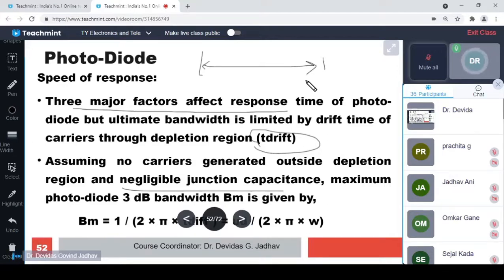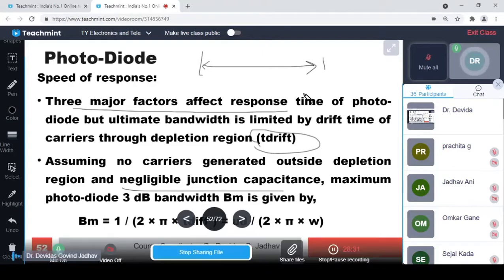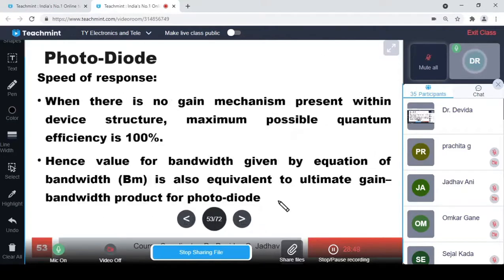So BM, the photodiode 3 dB bandwidth, is mainly dependent on T drift, and it is given as BM equal to 1 upon 2 pi T drift, equal to Vd upon 2 pi W. When there is no gain mechanism, the gain is 1, so the gain bandwidth product is BM only, and when there is a gain, it will be gain into BM.